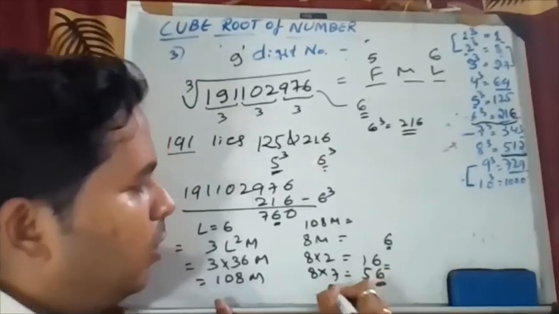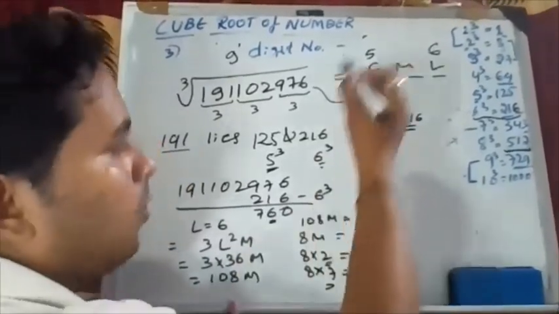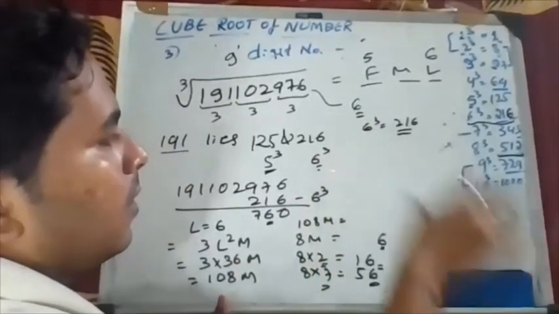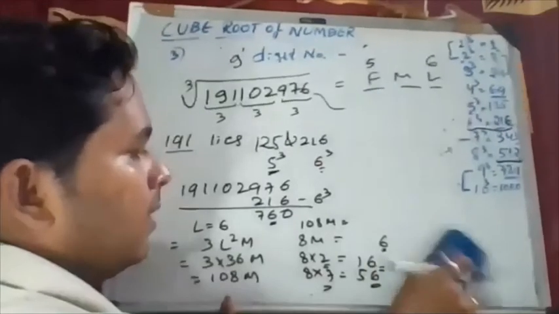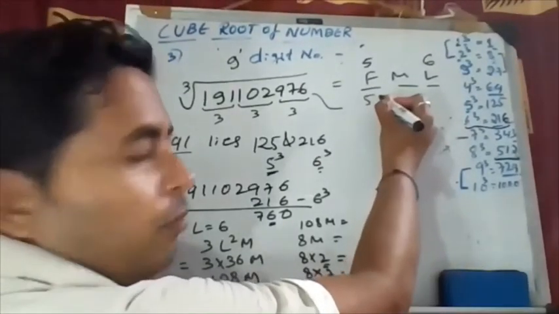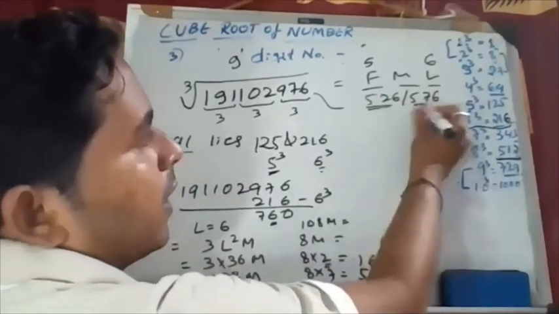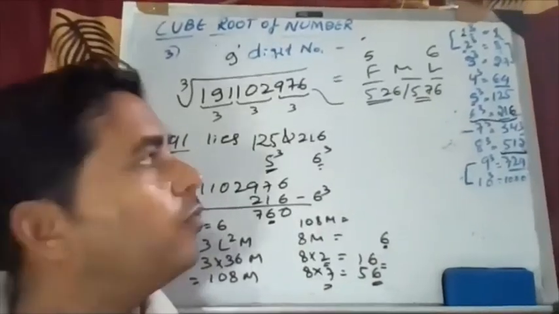So I got here two possibilities, 2 and 7. So मेरा आंसर my answer will be now 5. My answer will be what? 526 or 576. दो आंसर होंगे 526 or 576.